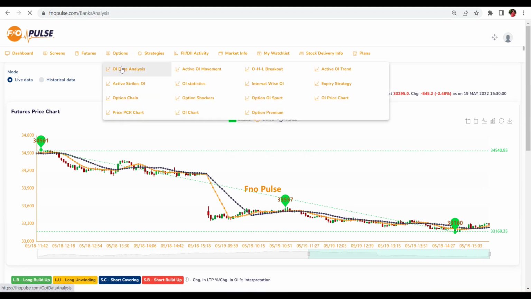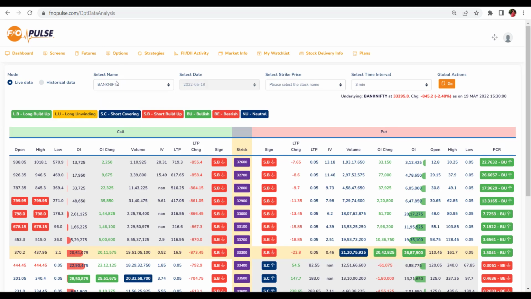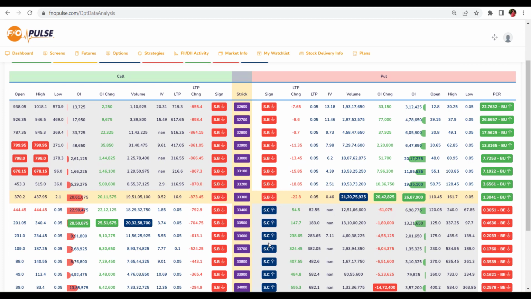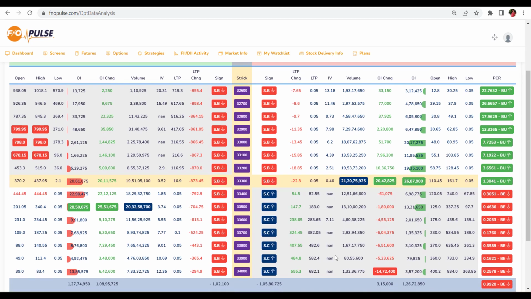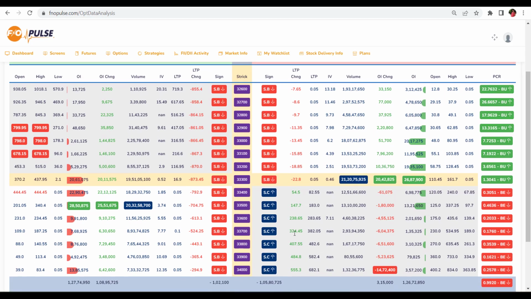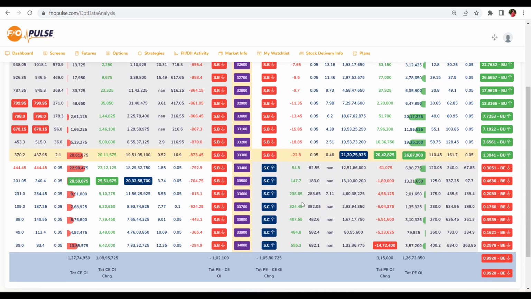Options, OI data analysis. In OI data analysis, you will be finding the strike price. The strike price you have to find through long build-up. Today no long build-up is showing right now. When the market is running up, there are many long build-ups happening.